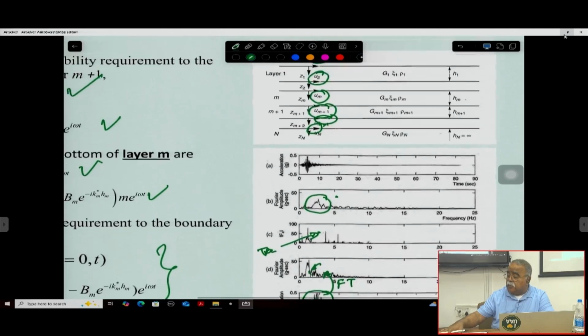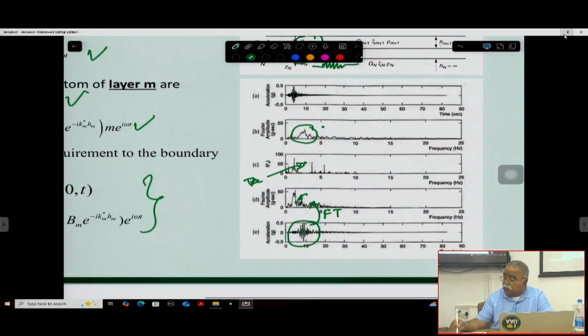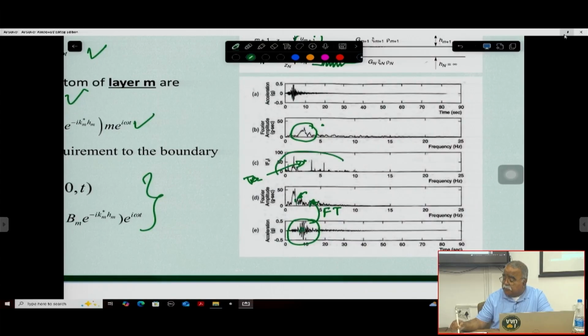So that means if you know the time history at this point, then you can find out at this point what will be the Fourier transform as it goes through this. So you need to calculate this transfer function first.